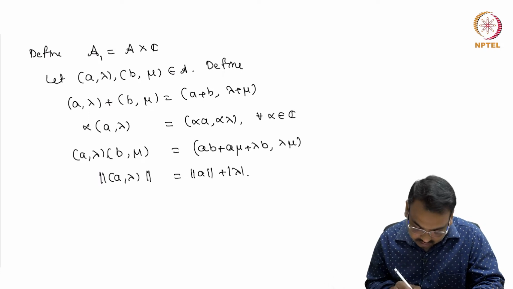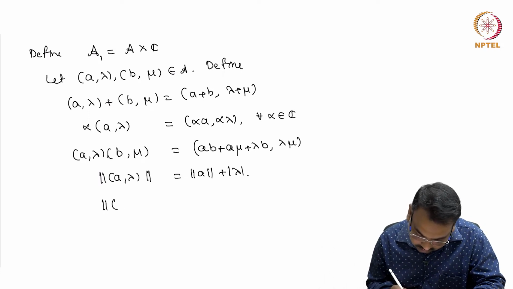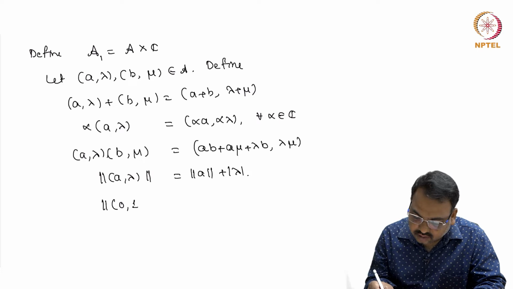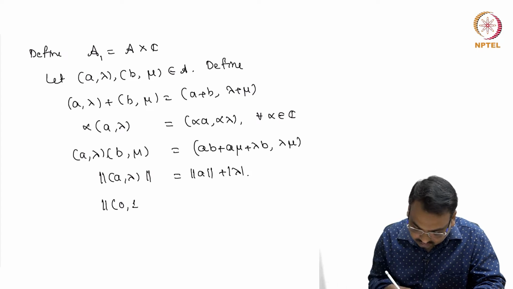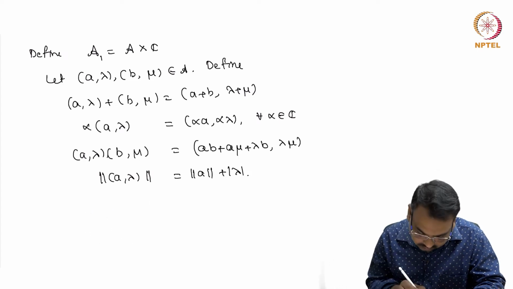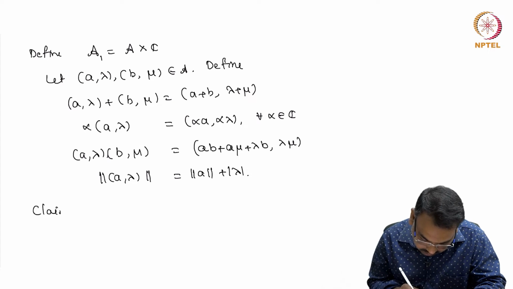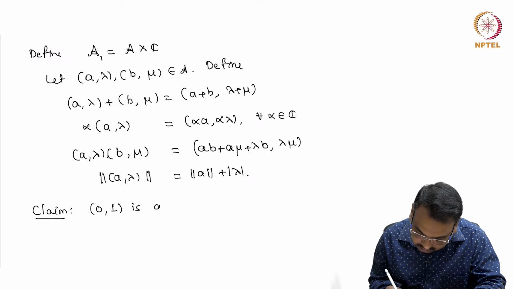Now in this case, (0, 1) is an element of A1. The claim is that (0, 1) is a unit in A1.